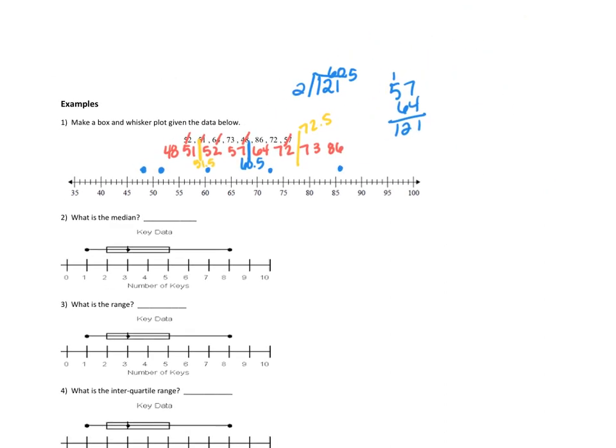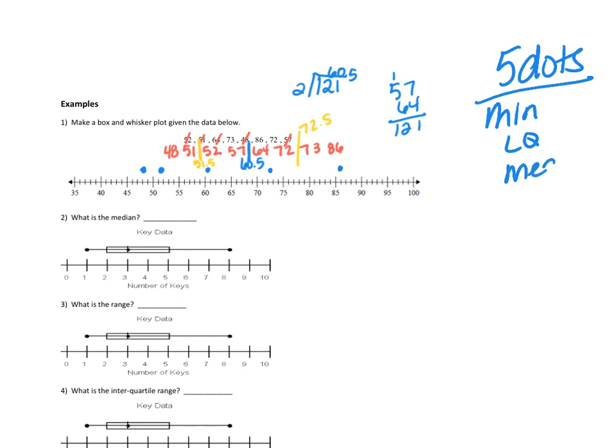So I want you to write over here to the side, 5 dots. Minimum, lower quartile, median, upper quartile, and maximum. Those are your 5 dots, okay? So we're going to place your numbers. Once you've done that, then you can draw the boxes for the inner 3.